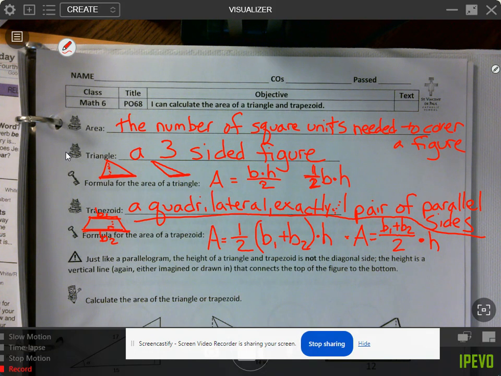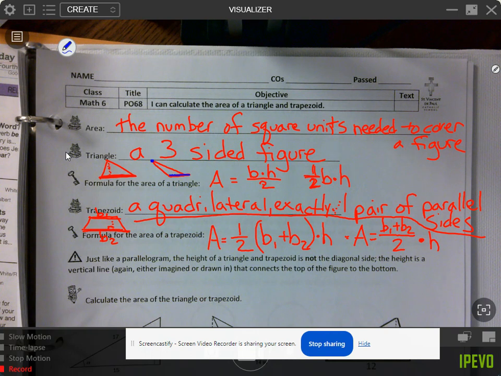I want to go directly up from my base to the top point of the triangle. So we can see here, this is my top point. This is my base. How can I go straight up and down to it? How can I go perpendicular? What do you think, Ruby? Can't you go out of the triangle? You can go outside of the triangle.